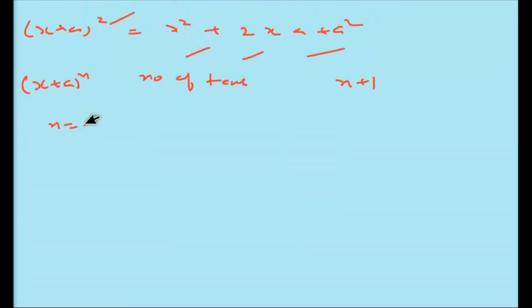If n is even, then n plus 1 is odd. Okay, if it is odd, then there will be 2 middle terms.